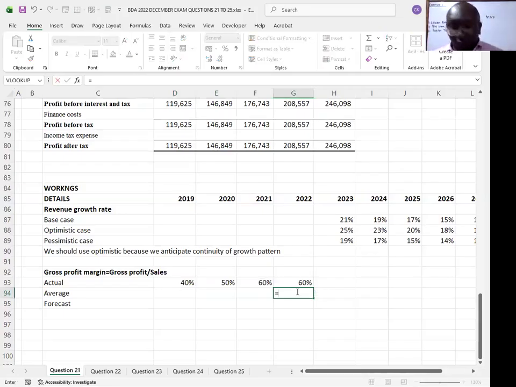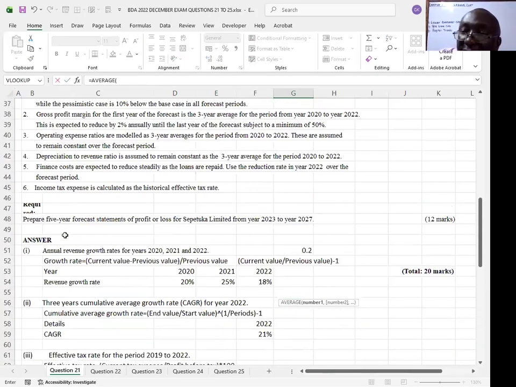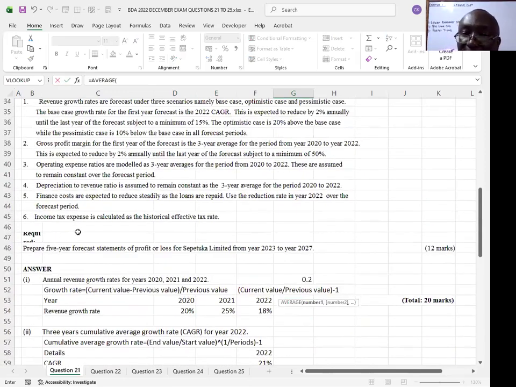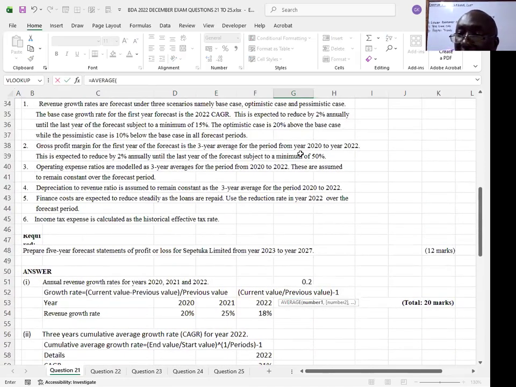The average equals, unasema equals average. We are told we work with the average of how many years? The average for the year 2020 to the year 2022.